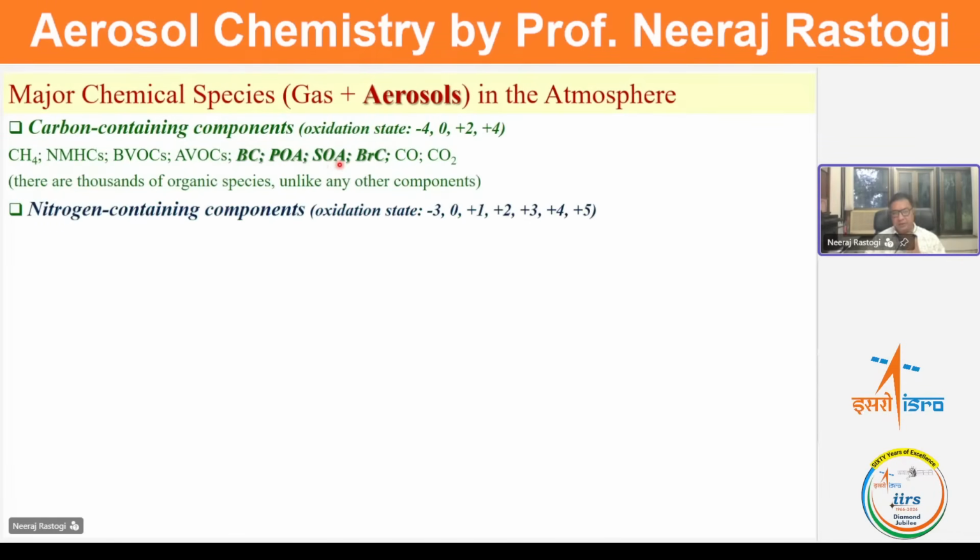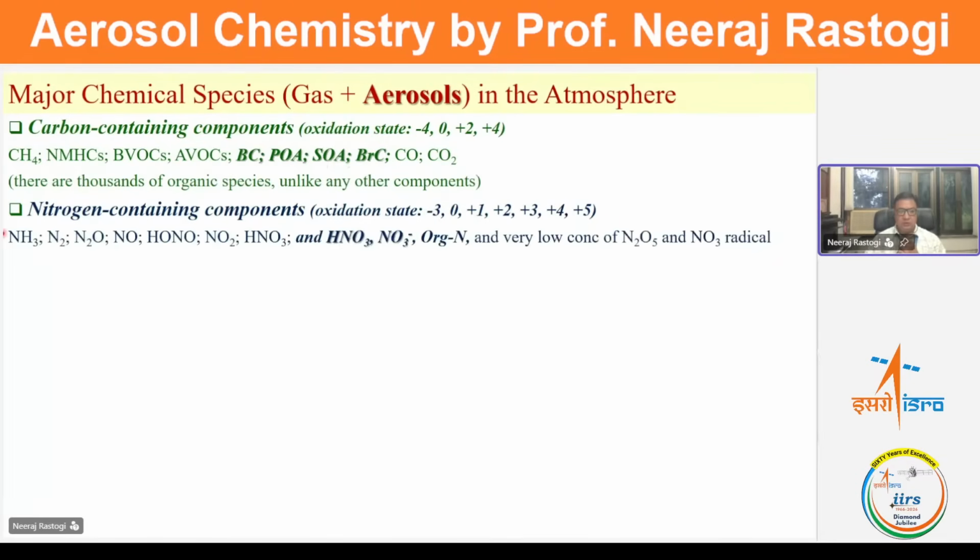Then you have nitrogen-containing compounds with oxidation states varying from -3 to +5. Examples are ammonia, nitrogen gas, nitrous oxide, NO, HNO2, NO2, nitric acid HNO3, nitrate and organic nitrogen. These are again aerosols, and then very low concentrations of nitrogen pentoxide and nitrate radical.